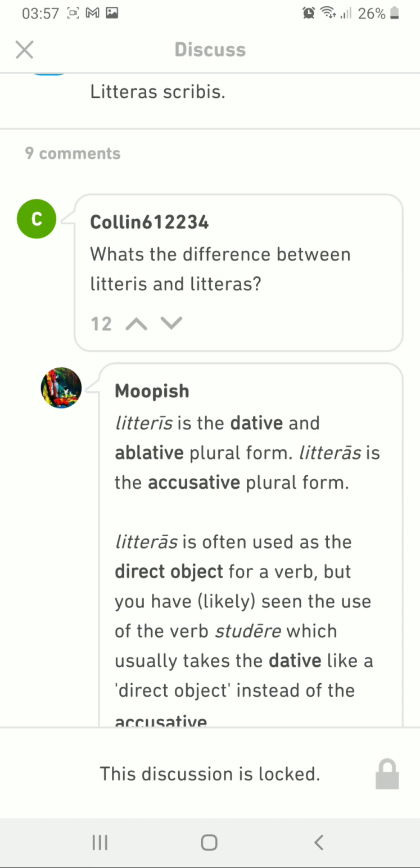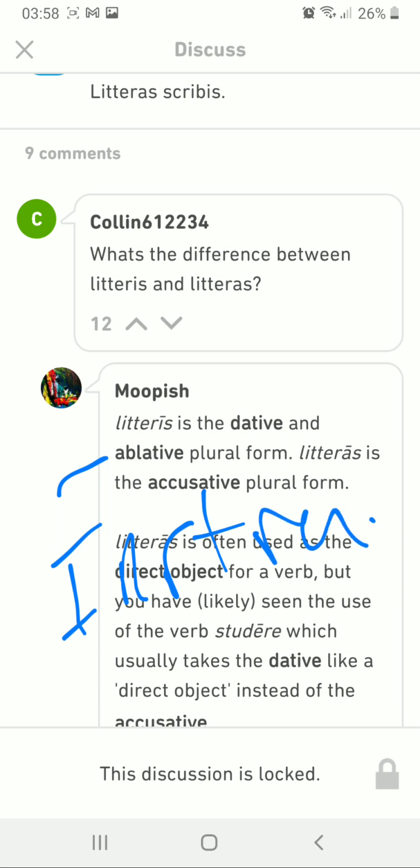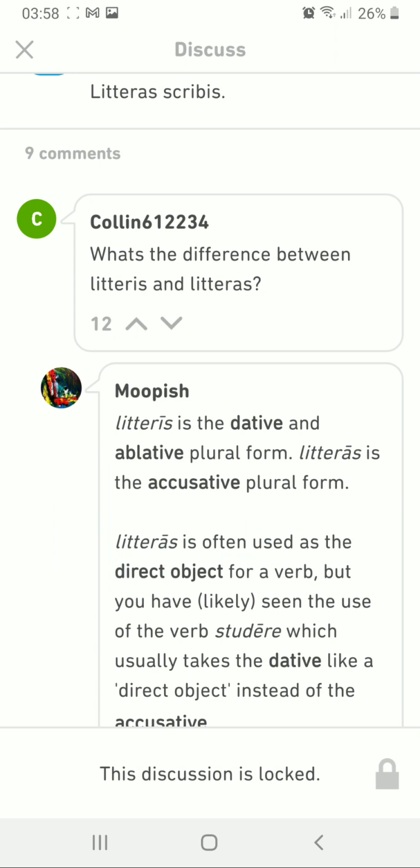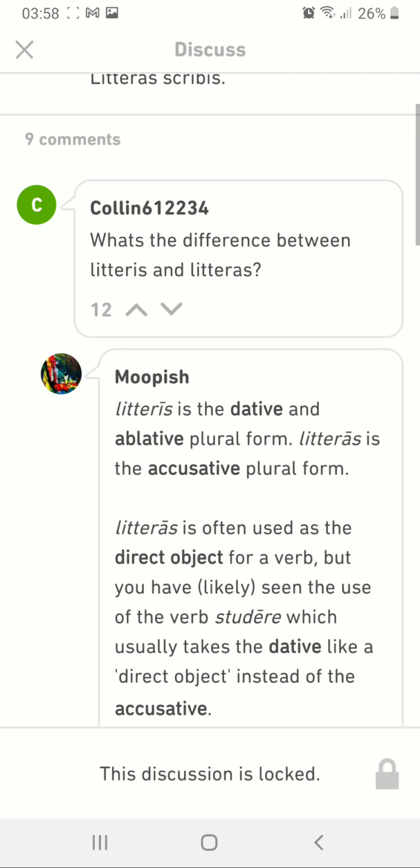So ablative, it's instrumental, by the way. Literis is the plural form. Literas is accusative plural form. So that's correct, yeah. That is correct.